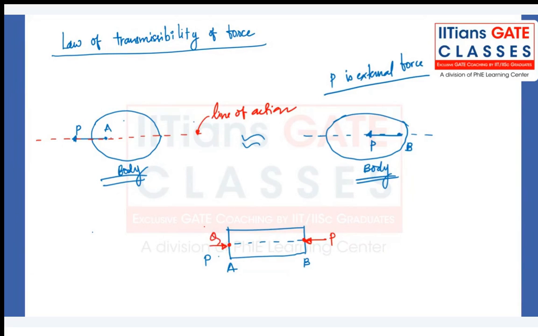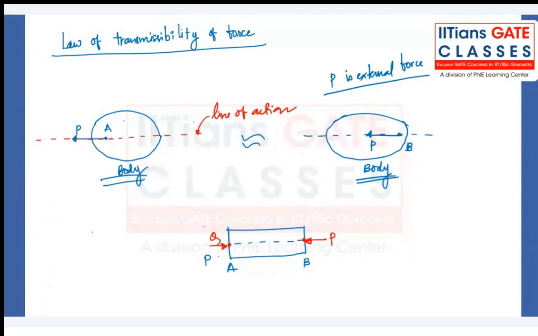But the P and Q forces are not the external forces, they are the internal forces. And now the effect is completely opposite, the body is under compression here.